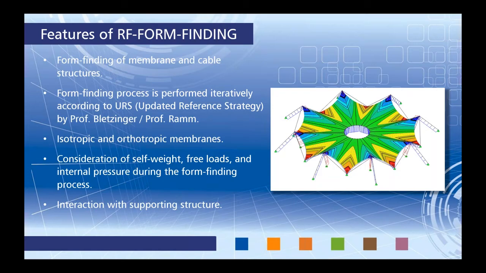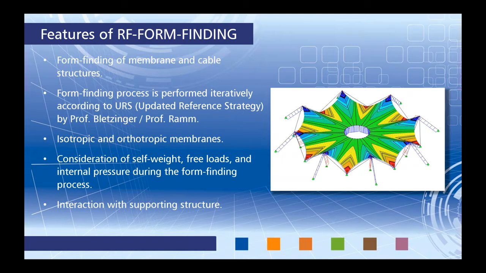So RF-FORM-FINDING is a module extension within our main program RFEM. This allows us to perform the form finding procedure of membrane and cable structures. The form finding process is performed iteratively according to URS, which is the updated reference strategy by Professor Bletzinger and Professor Ramm.